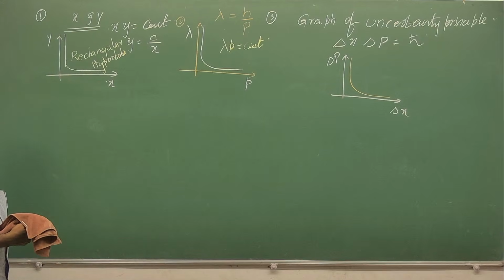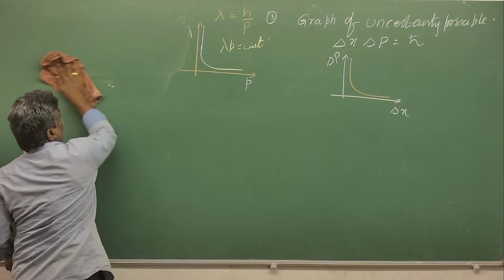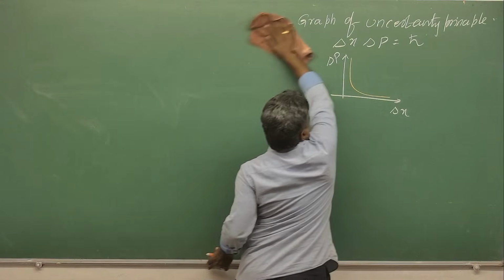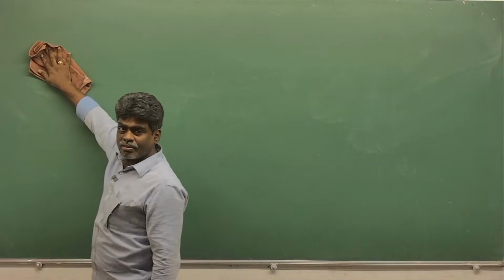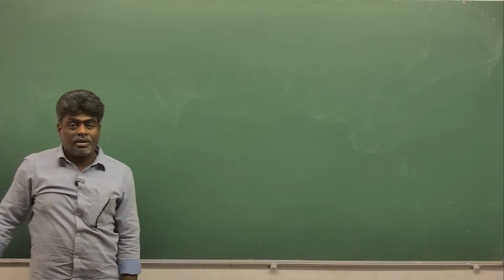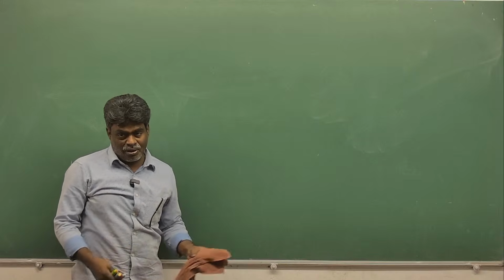Sir, shall I put this? Boyle's law. Graph: rectangular hyperbola. PV equal to constant.